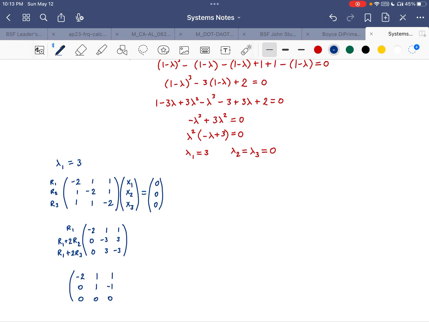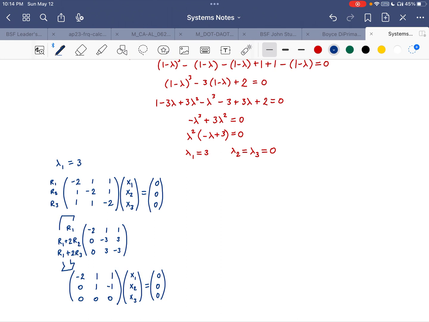And so if we take the current row 2 and add it to row 3 and replace that into the row 3 position, we just get 0, 0, 0. So now we have the reduced system here, so that's the new system.